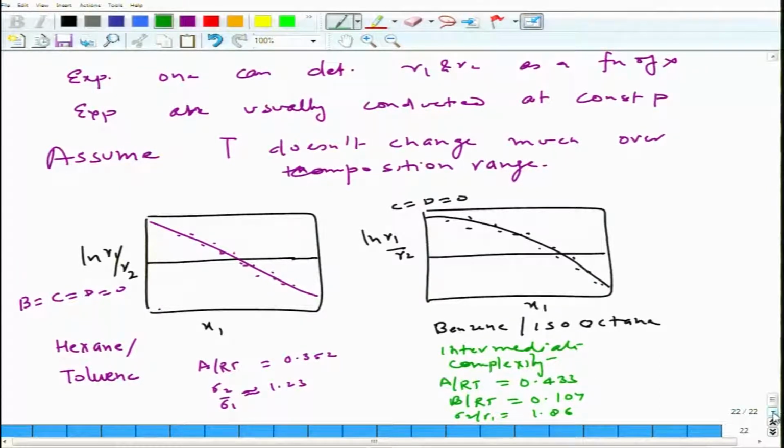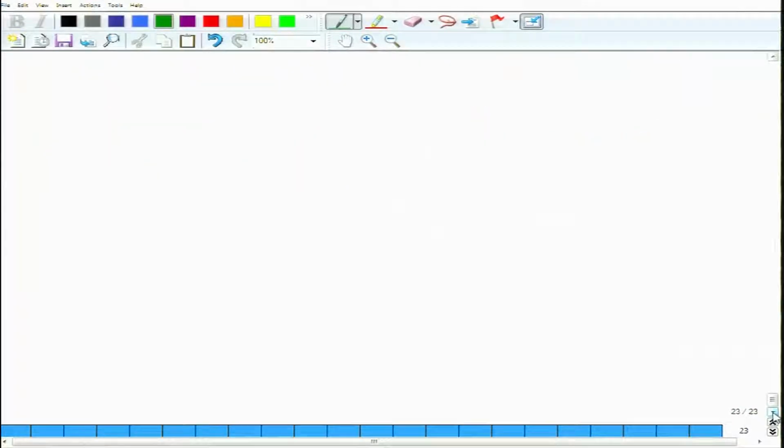Now let's look at a little more complication where you have hydrogen bond also. So I will consider the case of ethanol and methyl cyclohexane.